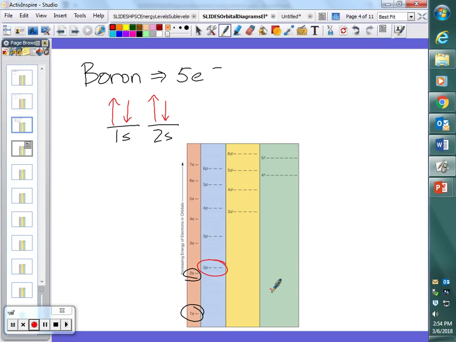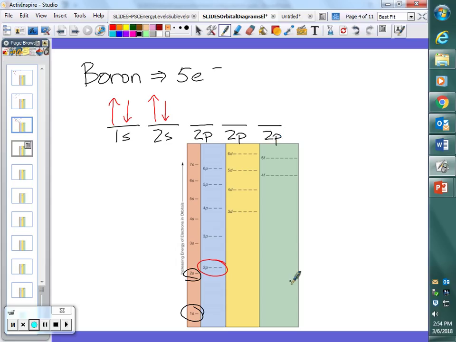So is there any difference in the energy of an electron in the 2px orbital, or the 2py orbital, or the 2pz orbital? They're all exactly the same. That being said, when we draw them, we have to draw all 3 of them. 2p, 2p, 2p.